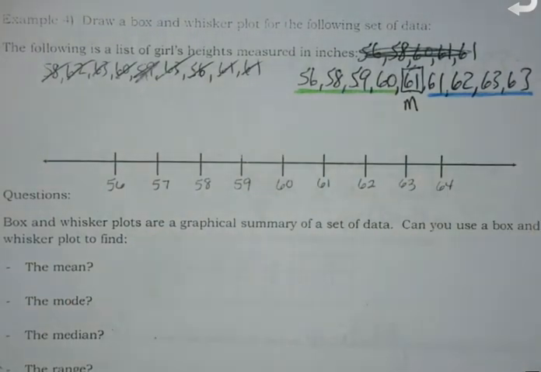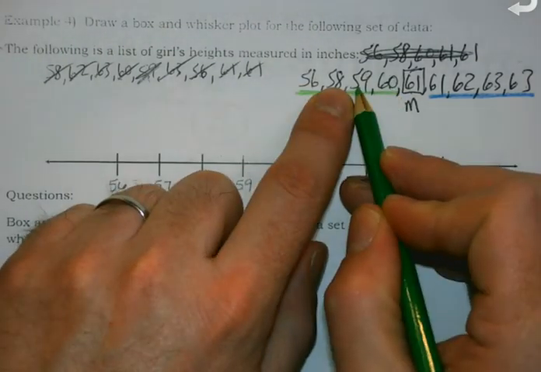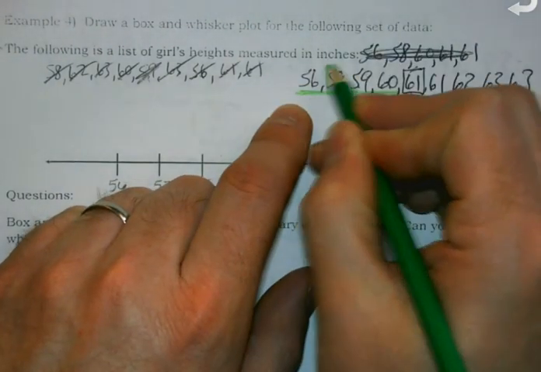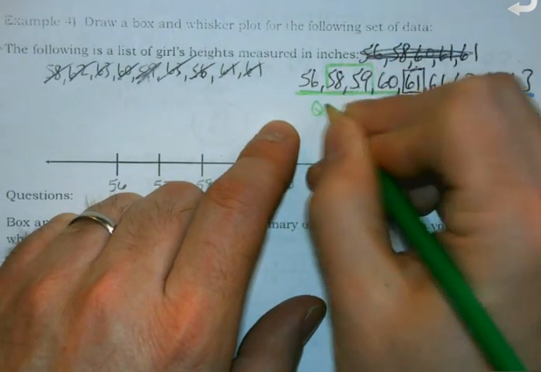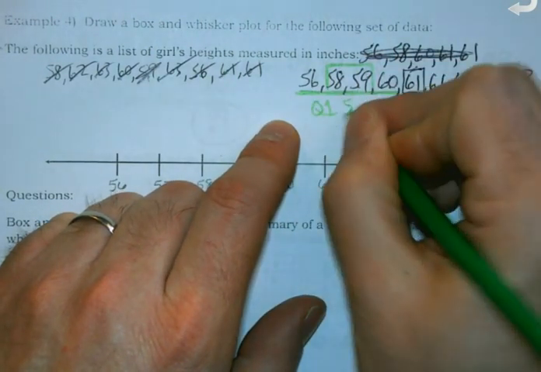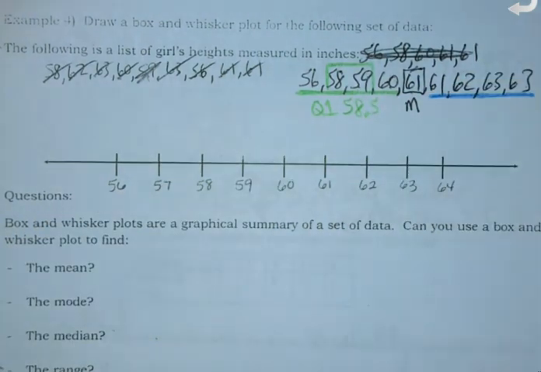And you can get decimals sometimes for these. That's not a bad thing. So if I'm trying to find my median, I got two values here again. Yep. So my first quartile is 58.5, because I'd add those two up and divide by 2.